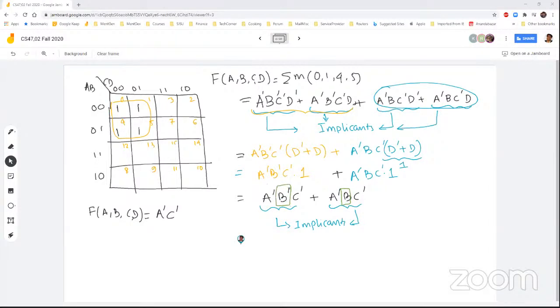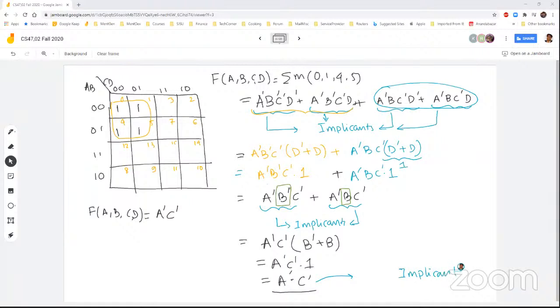So we can write this as A bar, C bar, B bar or B, which is A bar, C bar, or 1, which is A bar, C bar. Now from here, I cannot reduce it further. So this is a product term. We still call it an implicant.